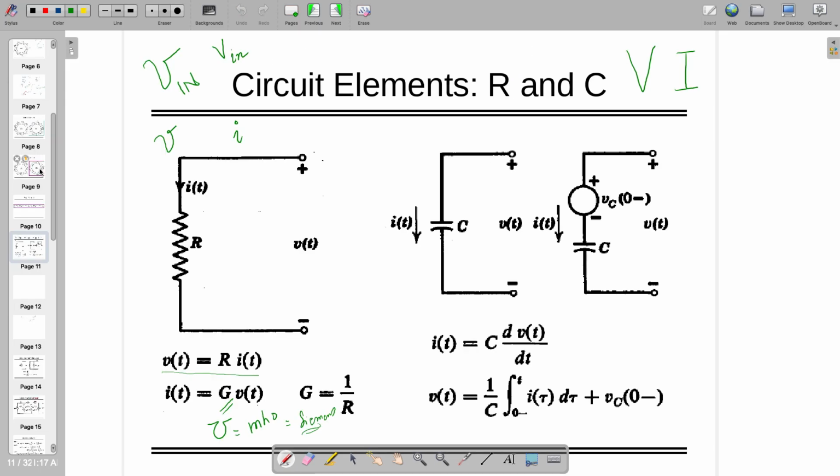Okay. Similar to that, if there is a capacitor and you are writing a current equation, i of t is equal to C dv by dt. All electrical engineers will never forget this i of t. If you are doing Laplace, you will never forget V of s.